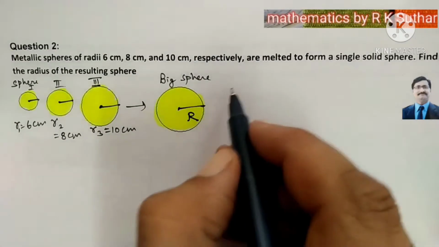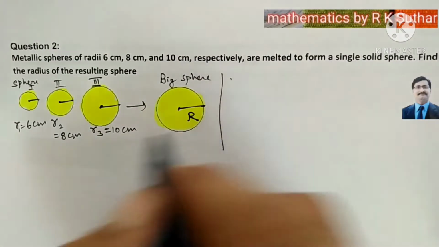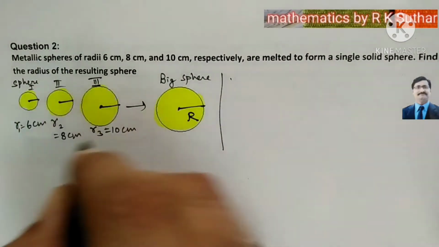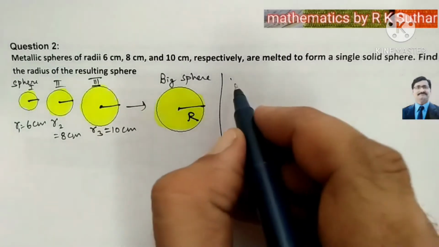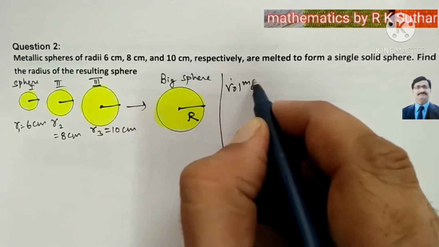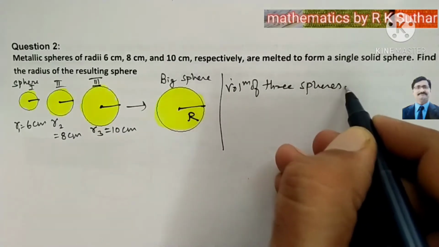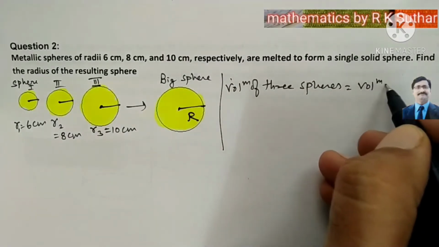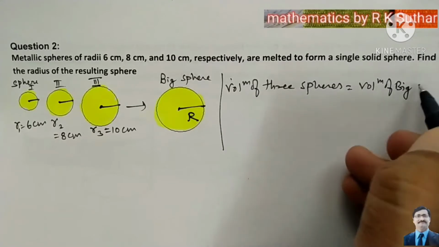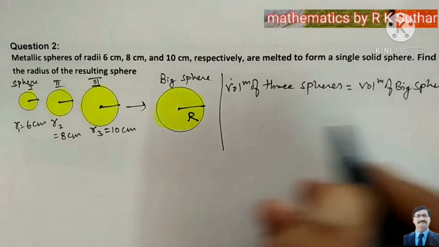Now we can write that the volume of these three spheres will be equal to the volume of the big sphere. Volume of 3 spheres equals volume of big sphere. Do you all understand?